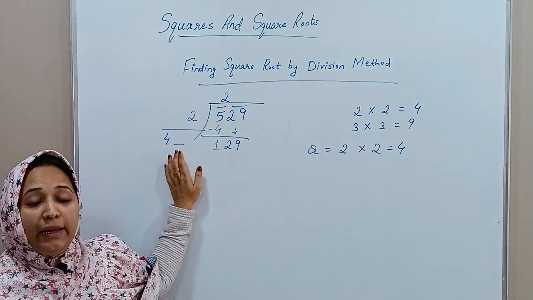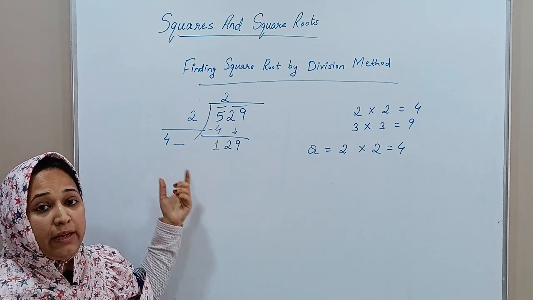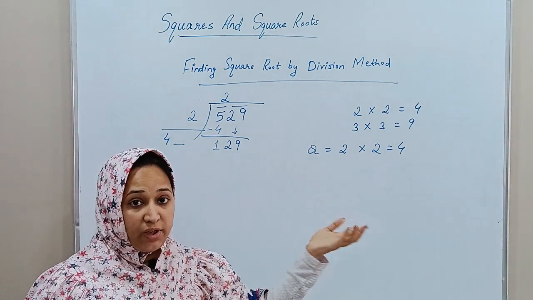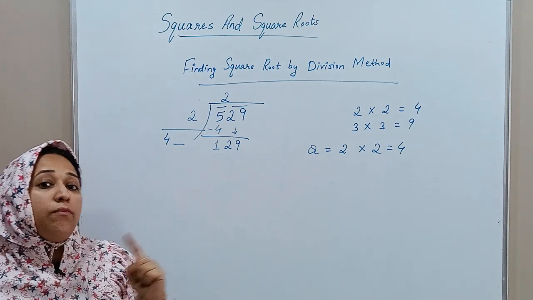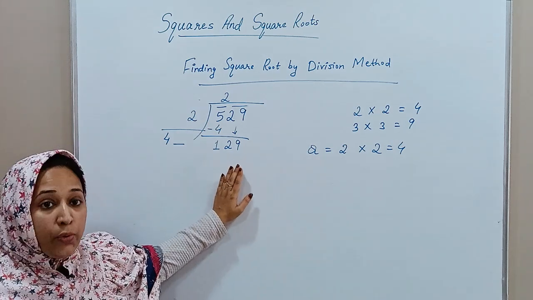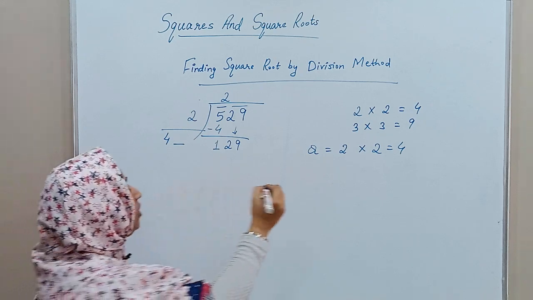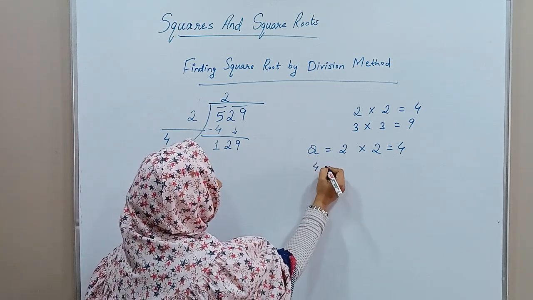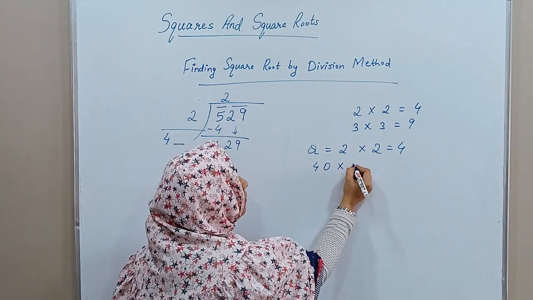Now you can take any digit from 0 to 9, that is, you can take 40, 41, 42, 43, up to 49, such that when you multiply it with the same digit, you get a number equal to 129 or less than 129. For example, if I take 0, so 40, and you have to multiply it by 0.